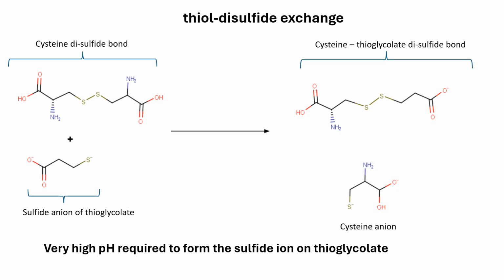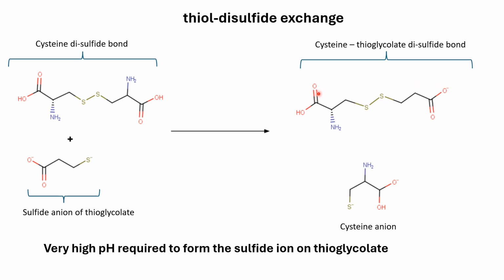So what's happening when we add our thioglycolic acid to hair? Well, what you're seeing is the cysteine disulfide bond is being broken, and it's bonding with the sulfide component of thioglycolic acid.